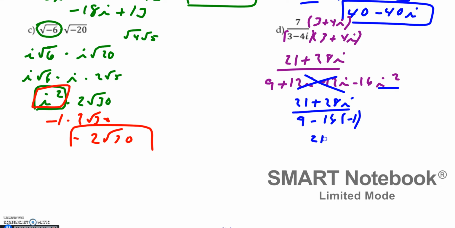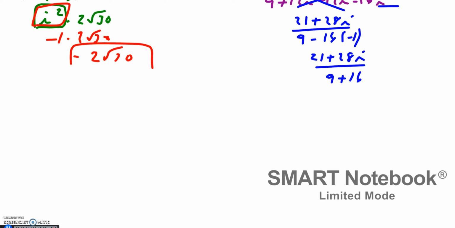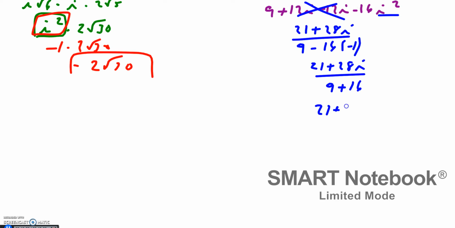So I'm left with 21 plus 28i all over 9 plus 16, which is really 25. So if I keep extending the page here, we would get 21 plus 28i over 25, which, if written as a complex number, would be the real part, 21 25ths, plus the imaginary part, 28i over 25.